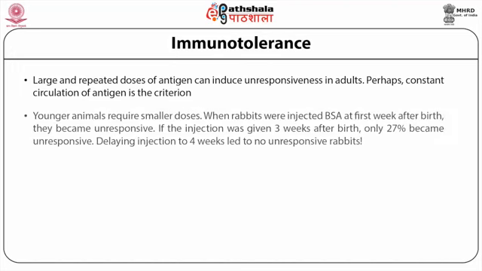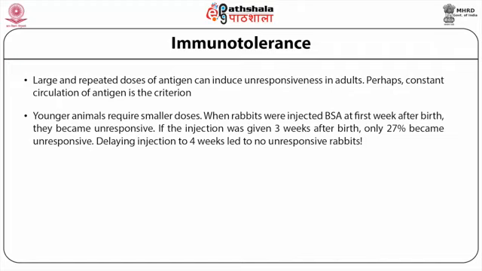Younger animals require small doses. When rabbits were injected with bovine serum albumin in the first week after birth, they became unresponsive. If the injection was given 3 weeks after birth, only 27% became unresponsive.